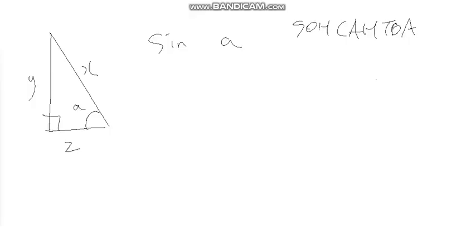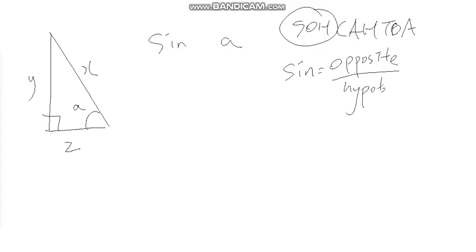This is very important. Since we're finding sine, we use this part: sine equals opposite out of hypotenuse. Right now the hypotenuse is x, and the opposite of A is y. So we can substitute to make y out of x. So this would be the answer.